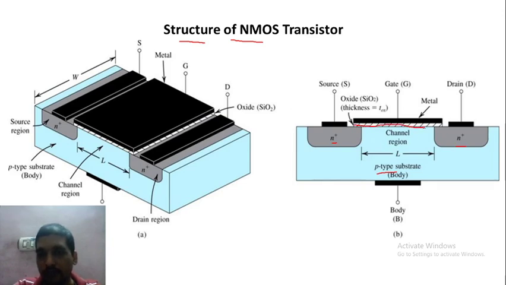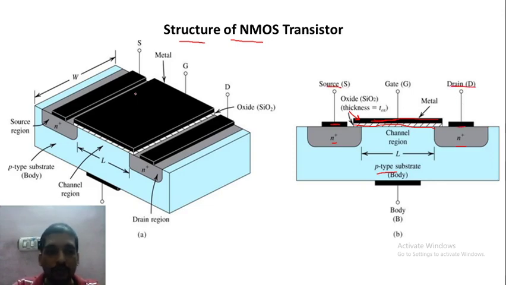This is the thin oxide SiO2. Over this there may be metal, but actually this is not metal. Here we do the connection with the help of polycrystalline silicon, or basically silicide. And we do the connection with the help of metals for the source and drain regions.